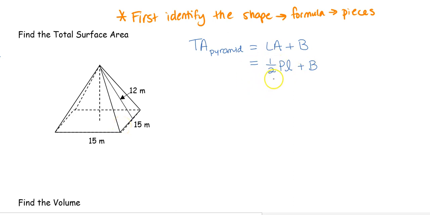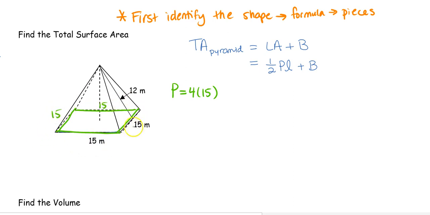But if we follow the formula, we want 1/2 P, where the big P is the perimeter of the base. In this case, our pyramid has a square base. So for the big P, the perimeter of that base, we have 4 sides of 15, so I'm adding 15 4 times.